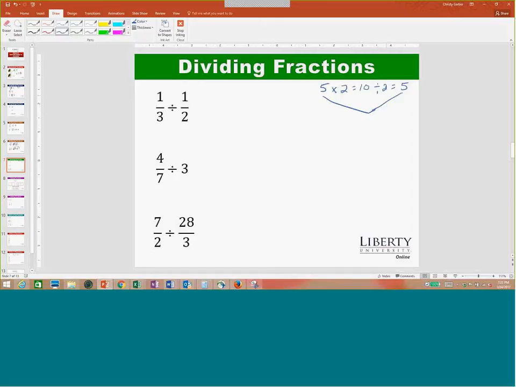So multiplication and division kind of undo each other because they're inverse operations. So that is the reason why you change division of fractions into multiplication.